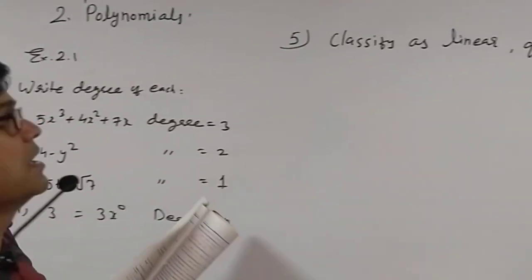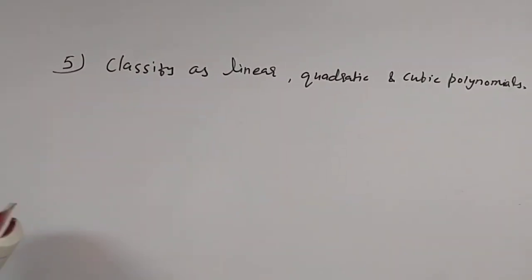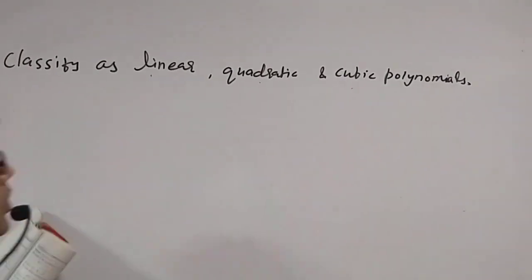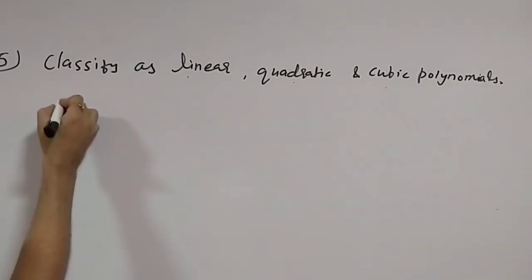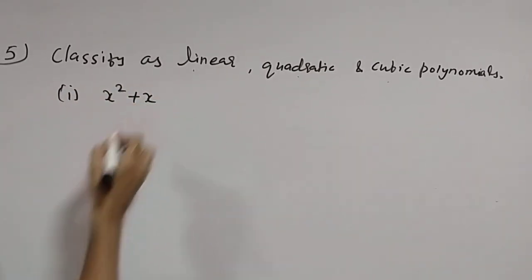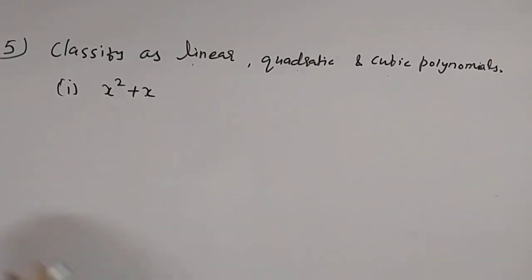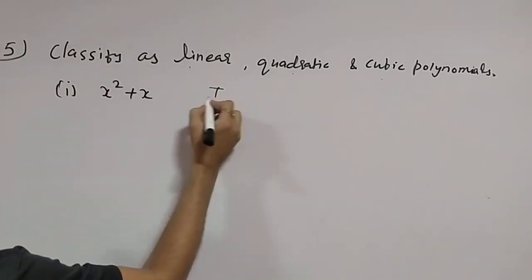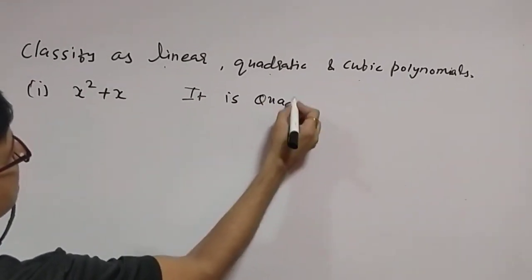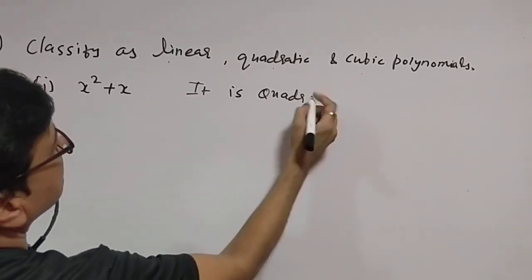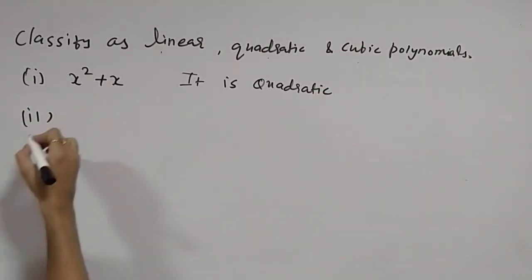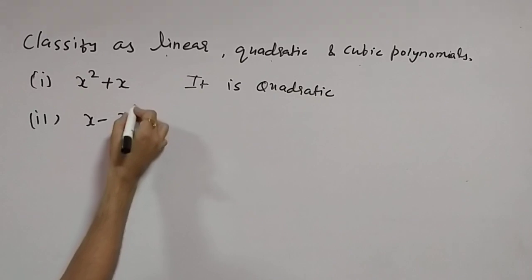Now next, classify as linear, quadratic and cubic polynomial. Which of the following are polynomials? First is x square plus x. Degree is how much? 2. Therefore it is quadratic. Second, x minus x cube.